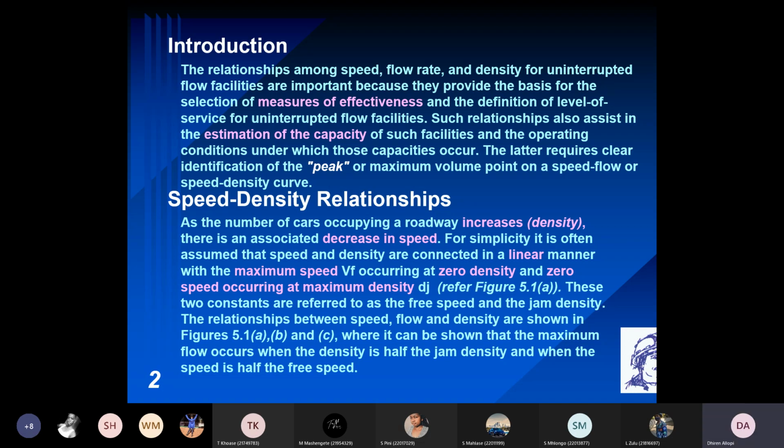We will have a look at these relationships shortly when we refer to some of the graphs. I'm going to be highlighting the key points relating to speed, density, and flow. However, the onus is on you to read through the balance of the information presented on the slide.